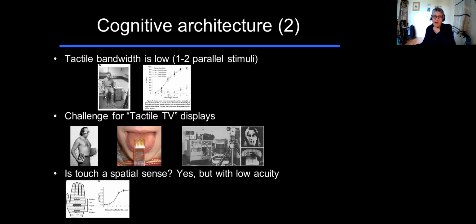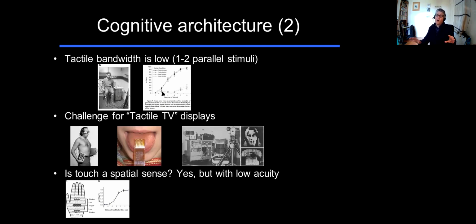So when you deliver 2, 3, 4, 5, 6 stimuli in parallel, people never say that was 2, that was 3, that was 4, that was 5, that was 6. What they tend to say is, I don't know, loads, maybe 2. And above about 2, people just don't know how many tactile stimuli they're getting simultaneously. Basically, you can only really perceive one tactile stimulus at a time in a proper signal detection type of paradigm.